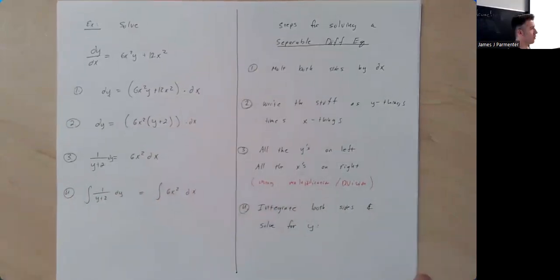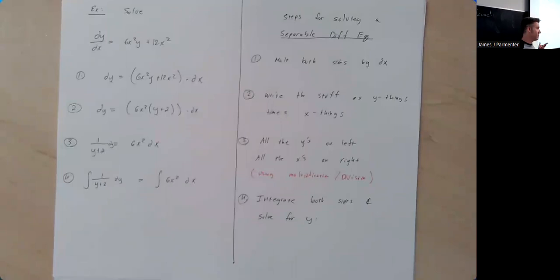So this is where all of your anti-differentiating skills from 16B are going to come into play, right? You'll probably see some u substitution, some natural logarithms, some integration by parts. All those things are going to come back. So just be aware of them.